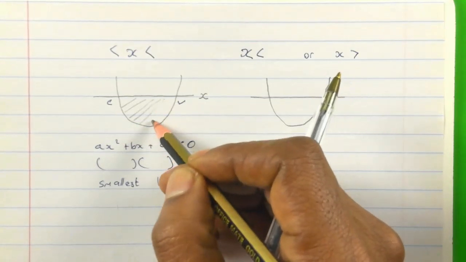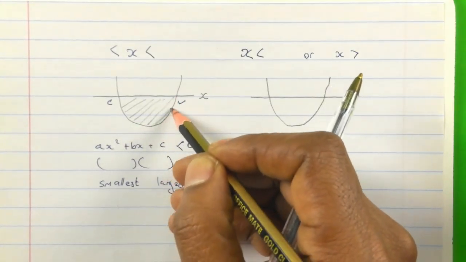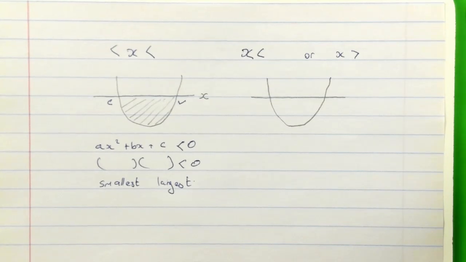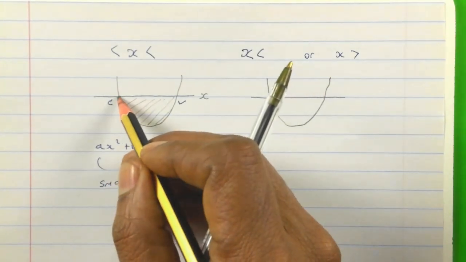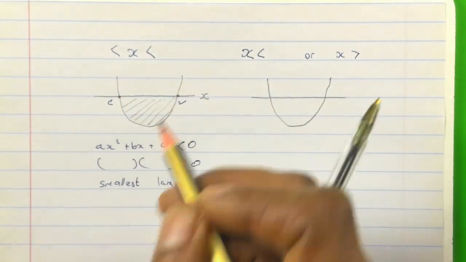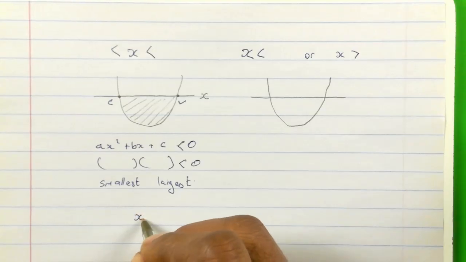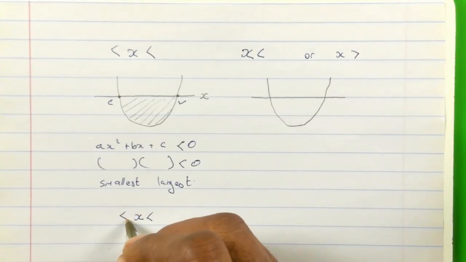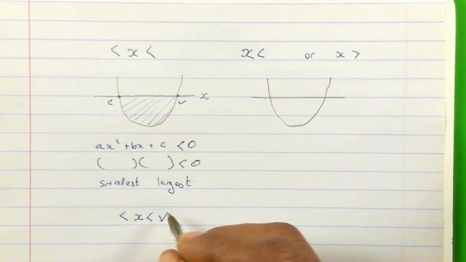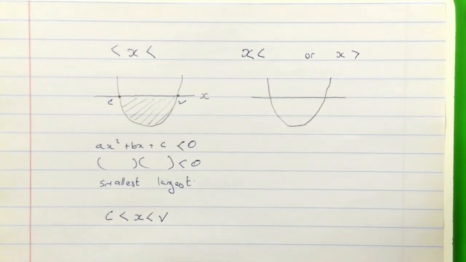And on our x-axis, where do these negative values start? They start there and then they end there. So in the end, you are going to say x is between those two values, isn't it? Then you would be done.